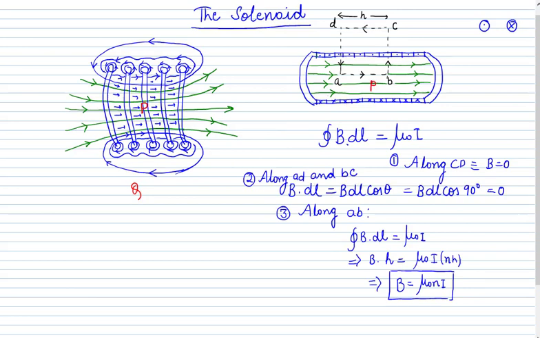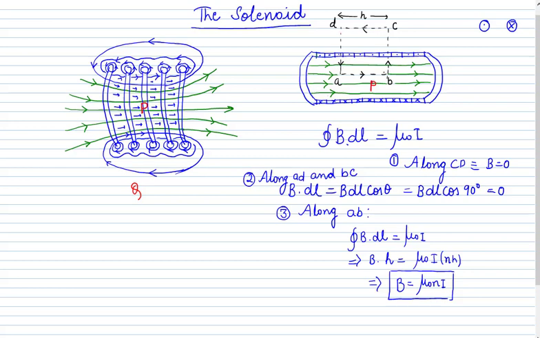So here we have shown the point P inside the solenoid and the rectangular loop. We will do it one by one. Along CD we got it as 0 because there is no current flowing. Since I is 0, from Ampere's circuital law we get the magnetic field as 0.